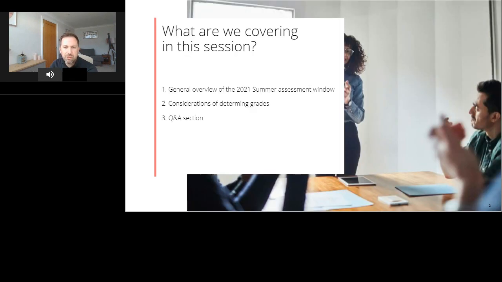So just as a general overview, what is it we're going to look at today? We're going to start with a reminder of the overview of arrangements for the 2021 assessment window this year, look at some of the key dates and some of the key bits of information just as a reminder for how grades are going to be arrived at this year.